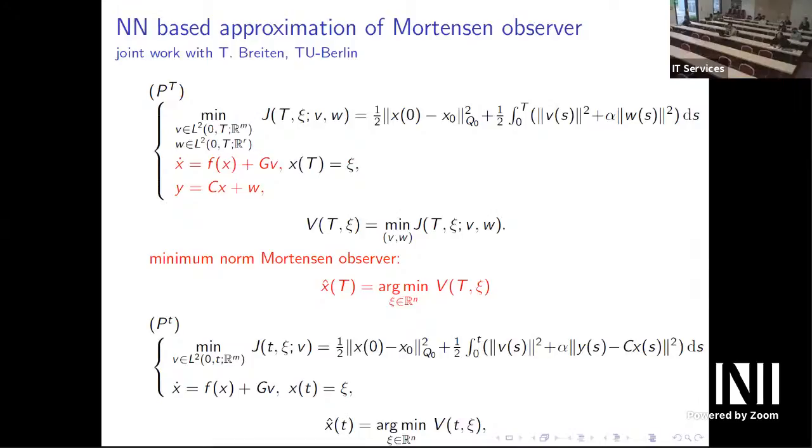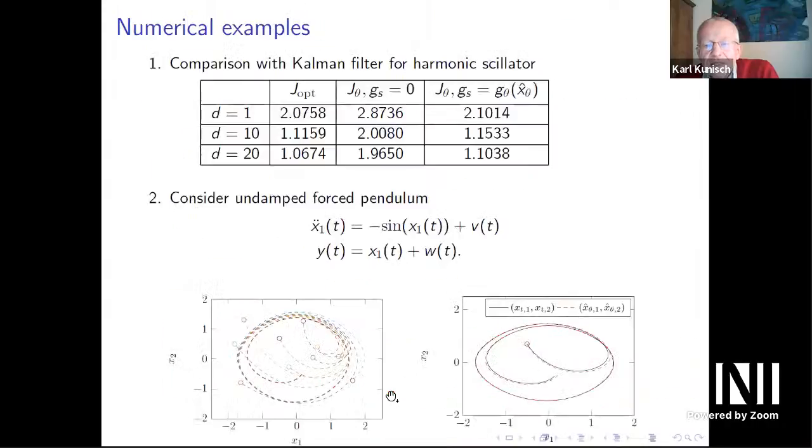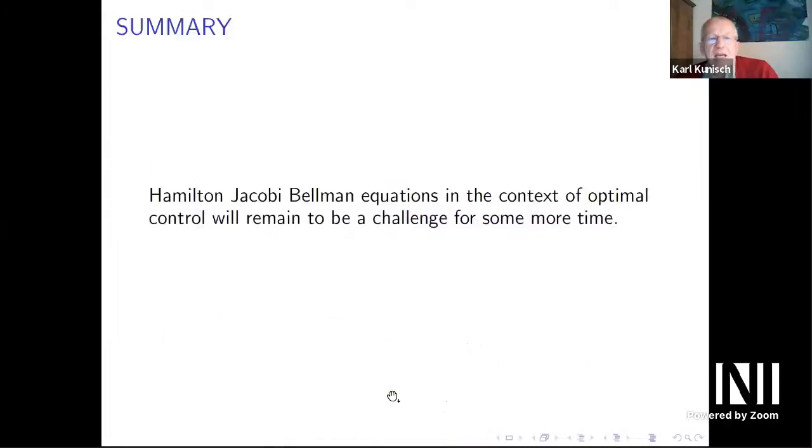Optimal observers would be a natural next step. Another very natural next step is robustness. To make a quick summary, Hamilton-Jacobi-Bellman equations in the context of optimal control will remain a challenge for some more time to come.